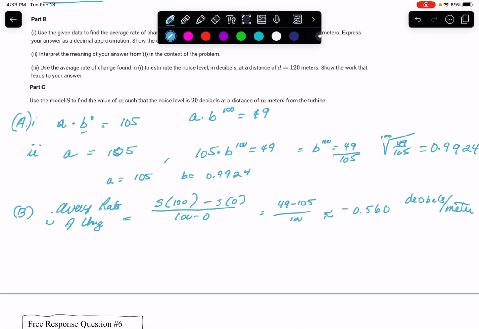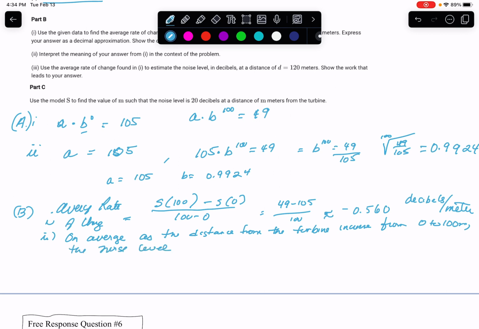So we're doing average. So we could say on average, as the distance from the turbine increases from 0 to 100 meters, the noise level decreases.